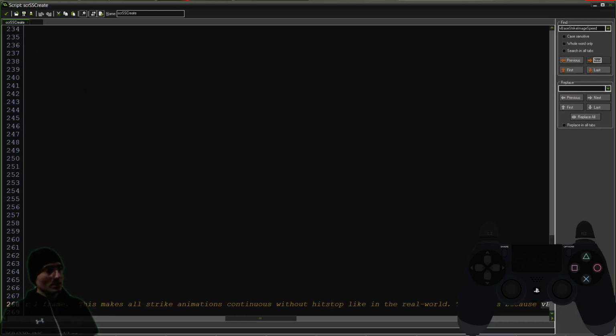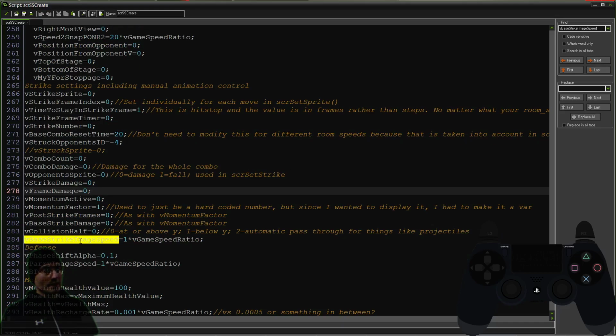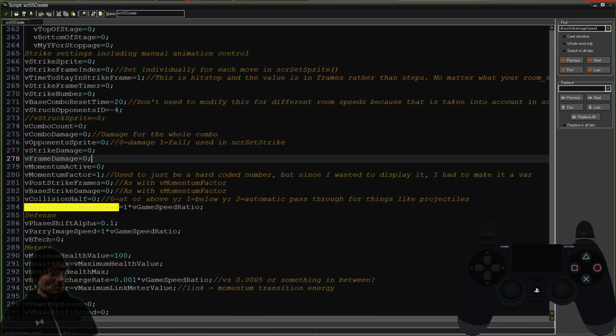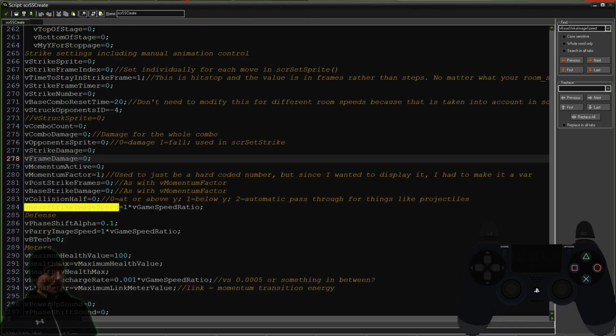And then that ratio is taken into account in the animation, like strike image speed and also like this fighting stance image speed, which I don't see here. But the good news, and what's pertinent for today, is that all of these things are already taken into account, which is good.